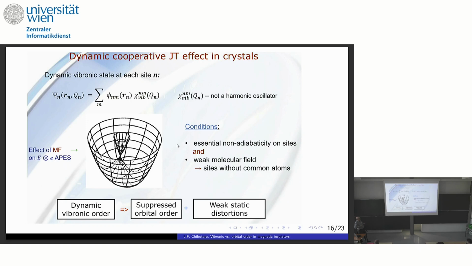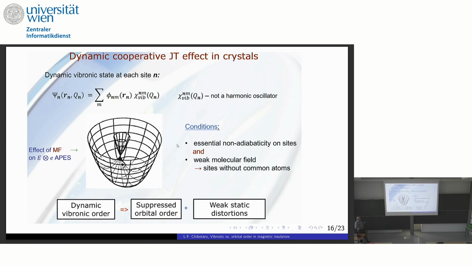And then if you have a weak molecular field, so the molecules do not interact elastically strongly, of course, due to the static field, you have some distortion of the trough. You have a region where it is lower. But if it's not strongly distorted, you still have dynamics around. And you keep your degeneracy.